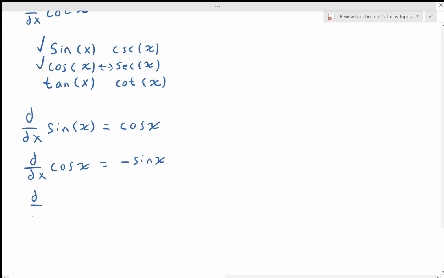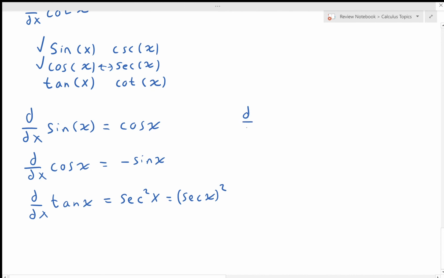We know that the derivative of tangent x is equal to secant squared x, which is secant x squared, either one. Okay, 3 more.